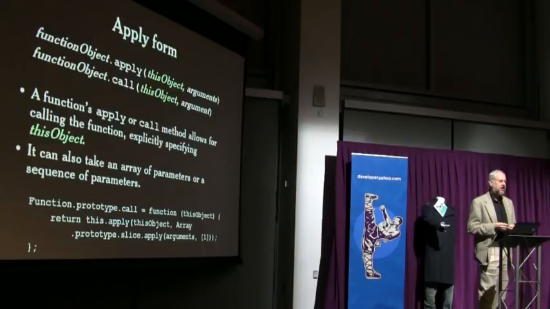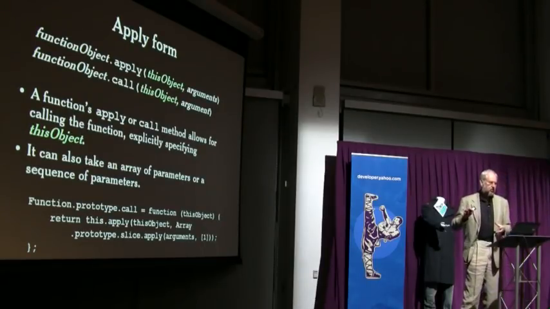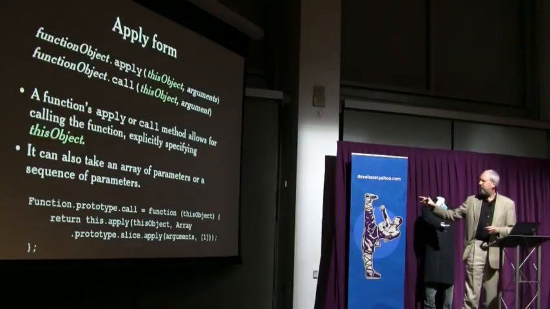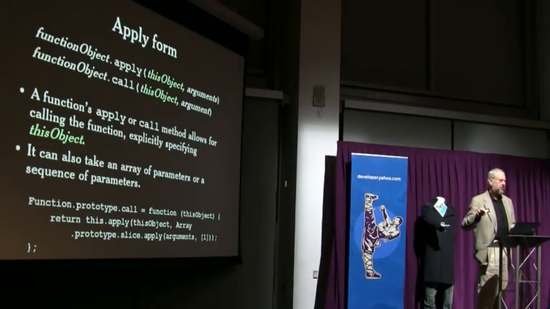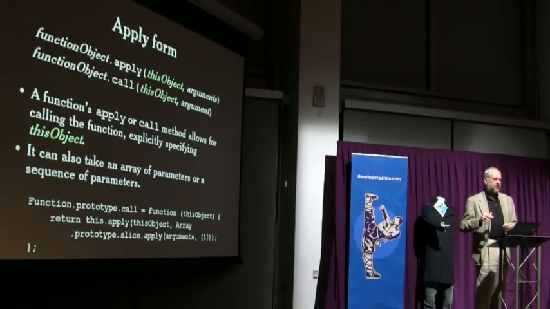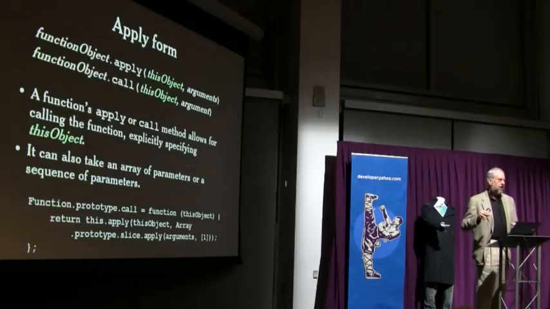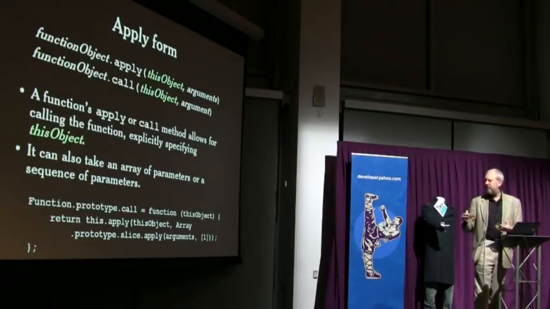I show how to define call in terms of apply, and also show a little bit of the ugliness that's caused by the fact that arguments is not a real array. So to implement call, I want to take all of the parameters that were passed, except for the first one, and I do that by using the slice method, except arguments doesn't have a slice method in ES3, so instead I have to go out and find it, and I know that I can find it at array.prototype.